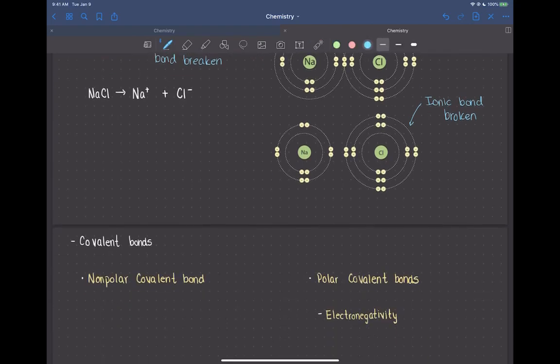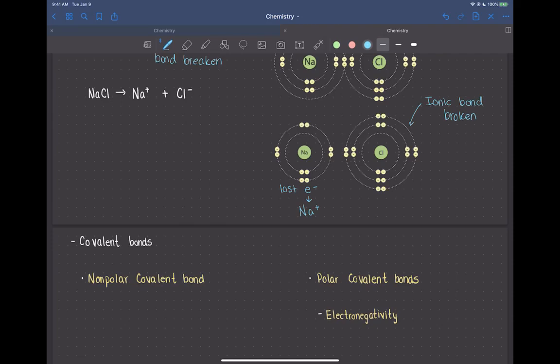Okay, so this sodium here, I'm going to write this here, has lost an electron. So it's lost a negative charge. So it has fewer negative charges. That would make it more positive. If you lose negativity, you become more positive. So that's why we always write it as Na plus, sodium plus, because it has a positive charge.